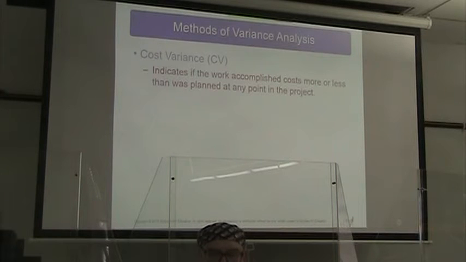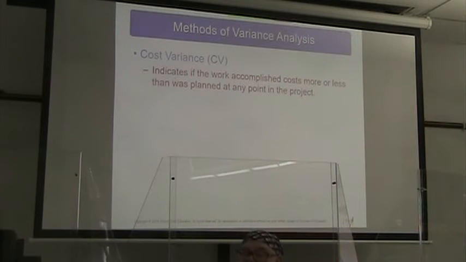All right, so when we're measuring our variance and analyzing that, we look at cost variance, our CV, and that's going to indicate, did we do more than we expected by this point, or have we done less than we expected to do by this point?